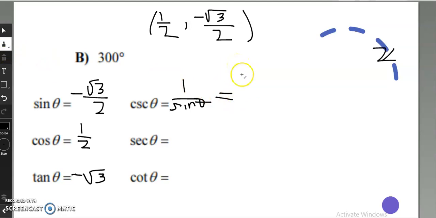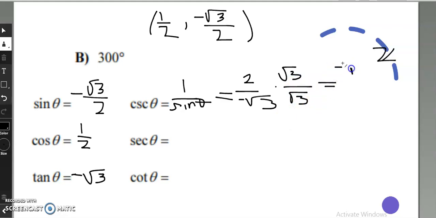I hope you don't need me to go through those steps. This is basic division. So I'm just going to say 2 over negative root 3. And I can't leave my radical at the bottom, so I'm going to have to multiply the top by root 3 and the bottom by root 3. And I get negative 2 root 3 over 3 for cosecant.